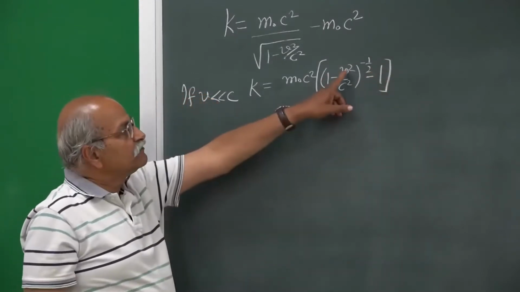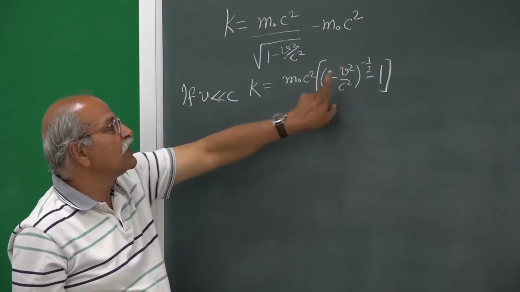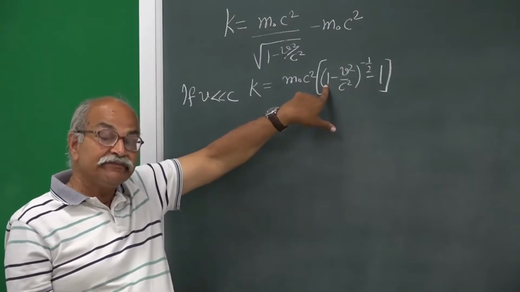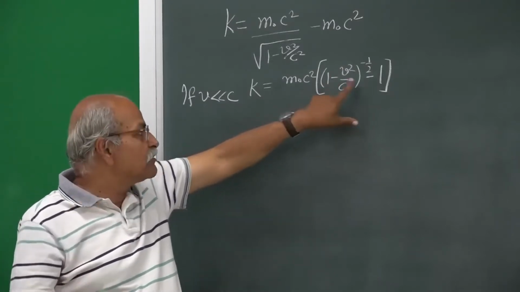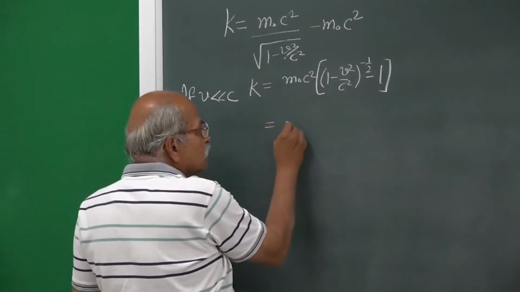And since v is very small as compared to c, this quantity is small as compared to 1, and I can use binomial theorem and retain the first non-zero term. Remember that minus 1 is there. So, this is m naught c square.